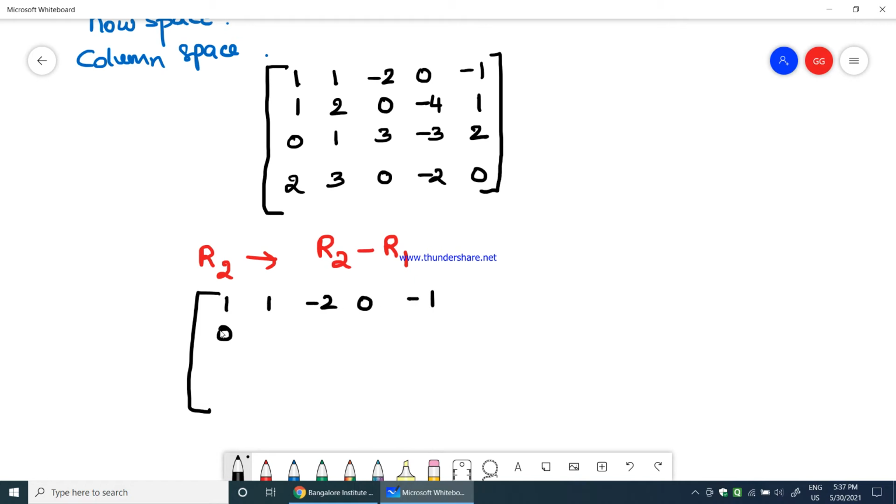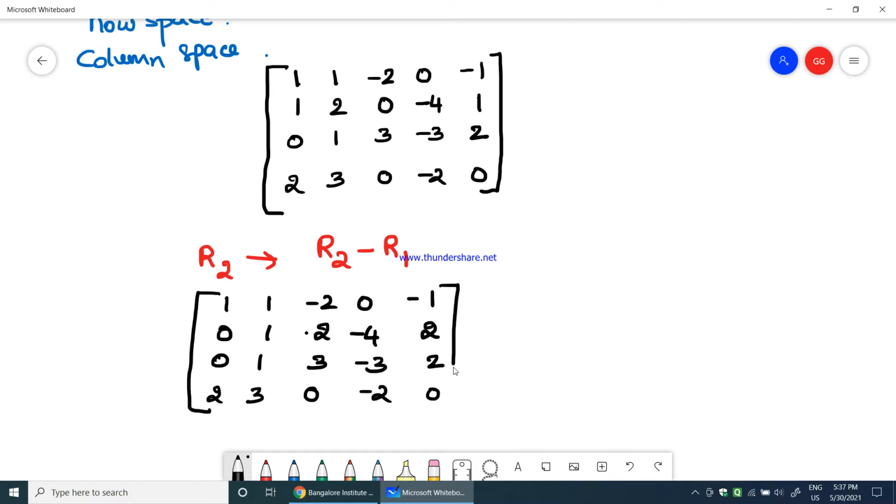Then 1 minus 1 is 0, 2 minus 1 is 1, 0 minus of minus 2 is plus 2, and minus 4 minus 0 is minus 4. 1 minus of minus 1 is 2. And we have here 0, 1, 3, minus 3, 2, and we have 2, 3, 0, minus 2 and 0.